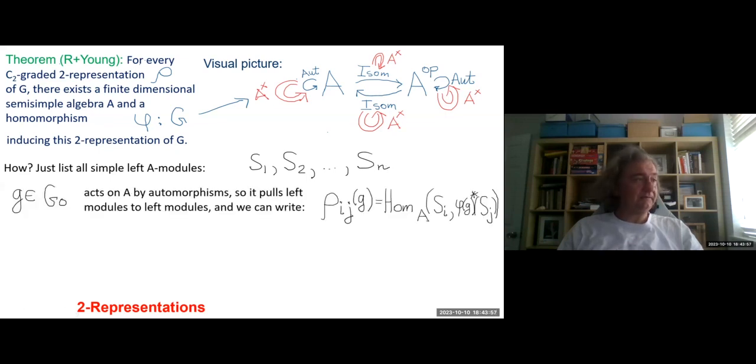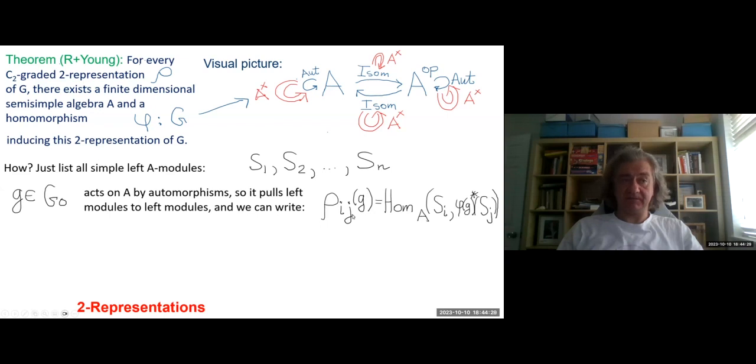And if I take an even element, right? If I take an even element, it acts on algebra A by automorphisms. So you can pull left modules to left modules under this map G. So there is a pullback under automorphism of a simple module.